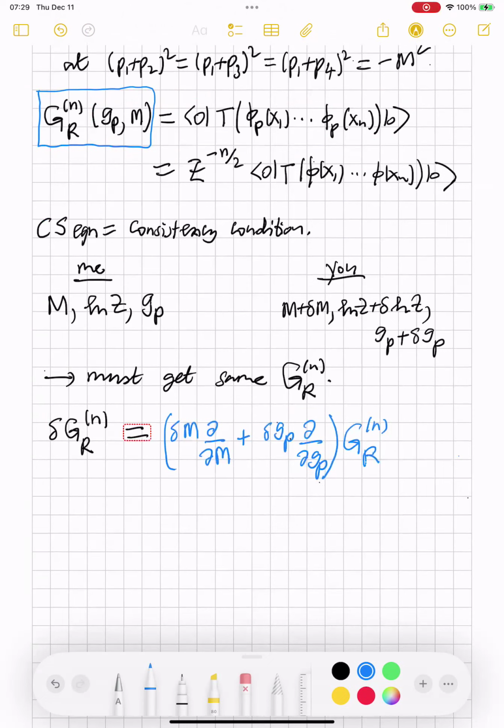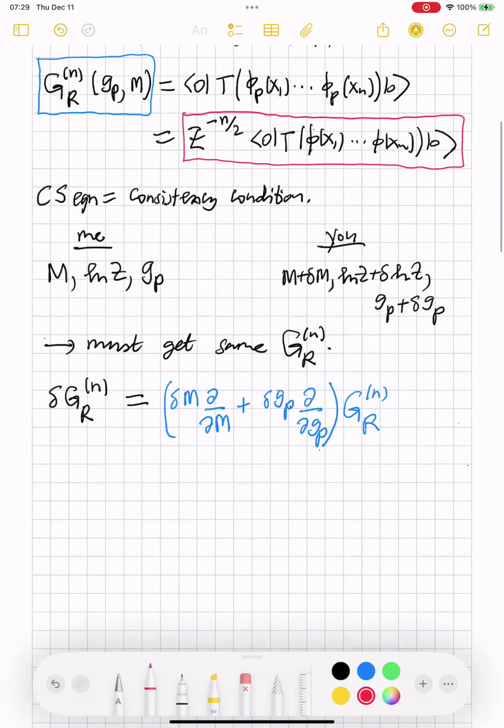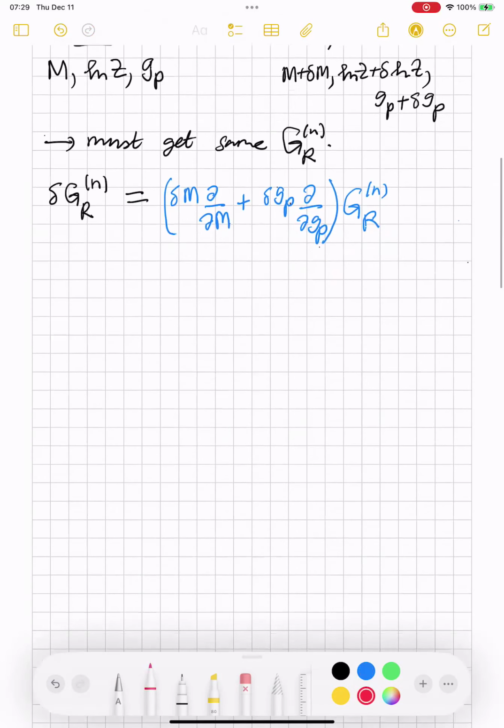But of course, there's a second way to write it down, because we might also look at this equation over here. In this equation, the correlator of the bare fields doesn't depend on any of our renormalization conditions. The dependence on our renormalization conditions only comes in the Z to the minus n over 2 factor up front. So let's think about how that factor changes.